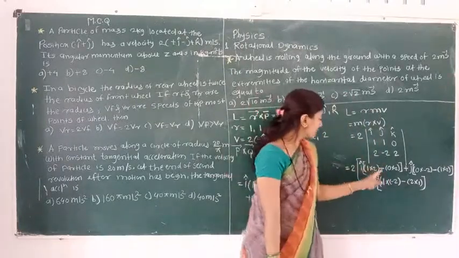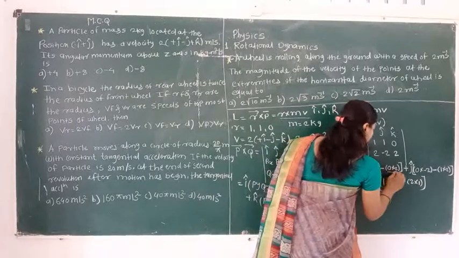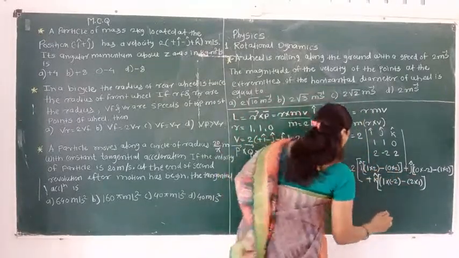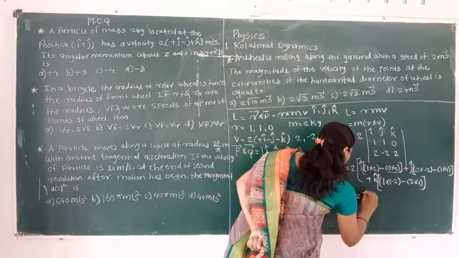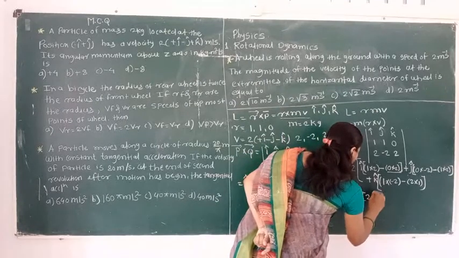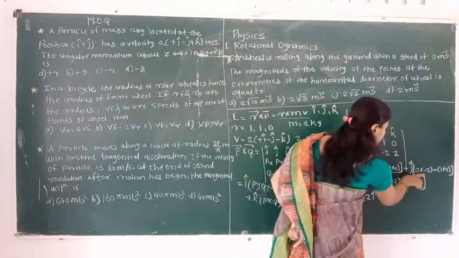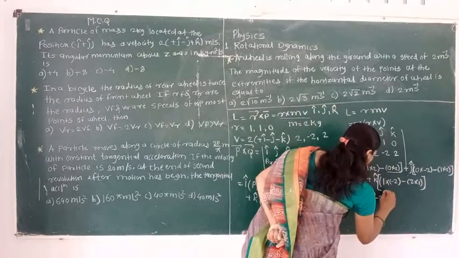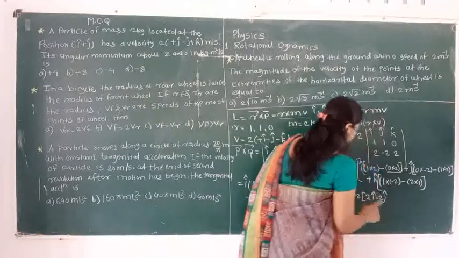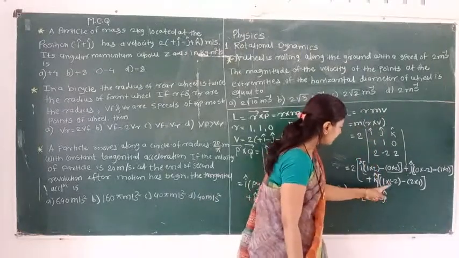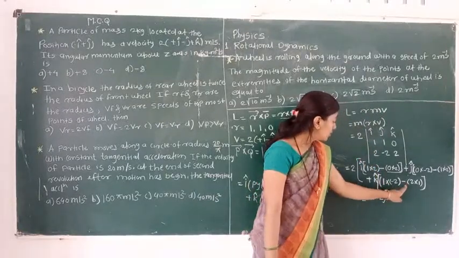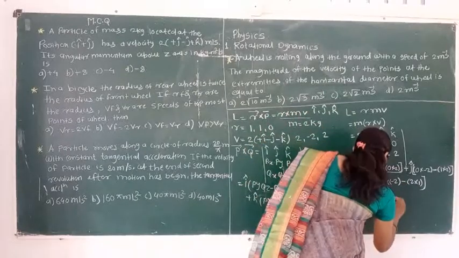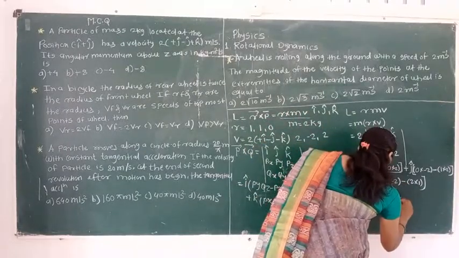If we see here, when any number is multiplied by 0, that term will become 0. So here we will get 2 i bar, this term will become 0, minus sign is there, minus 2 j bar. Again for k, we can see -2 and -2, it will become -4 k bar.